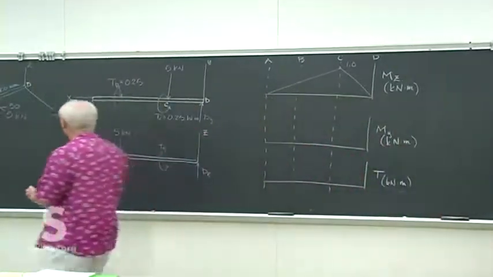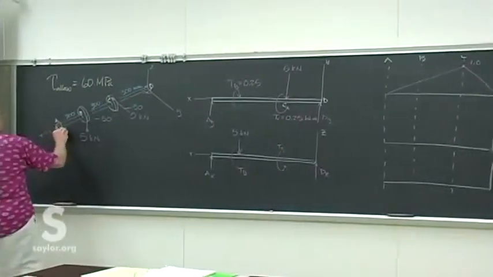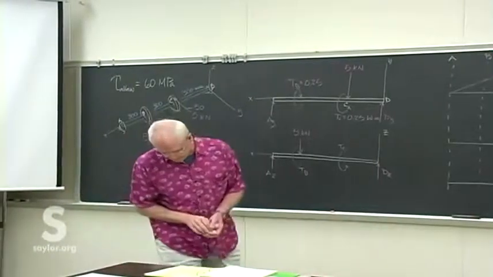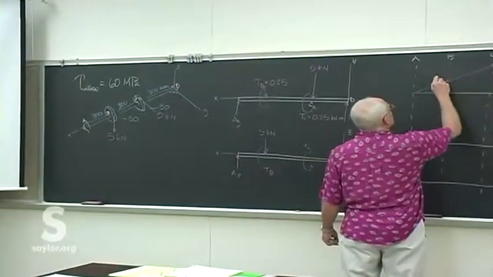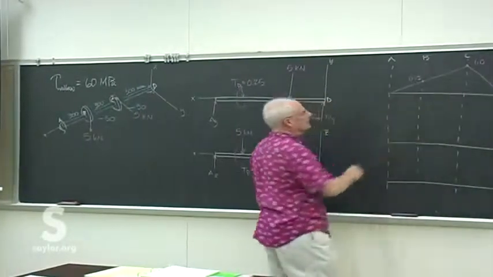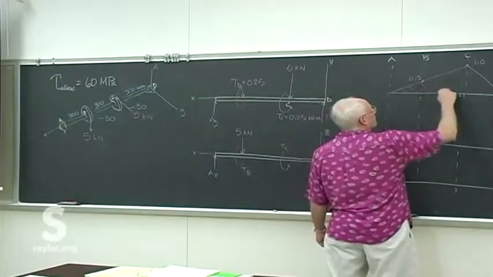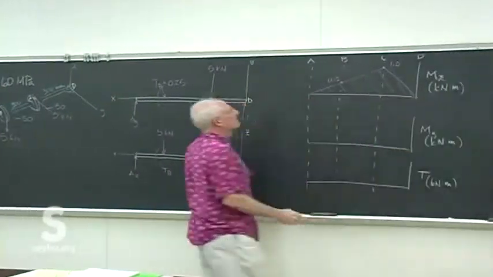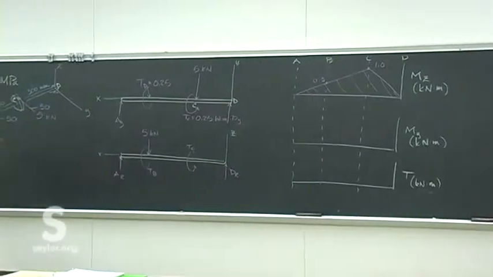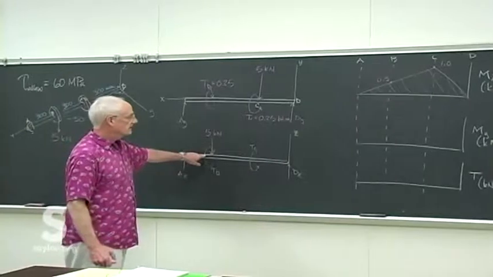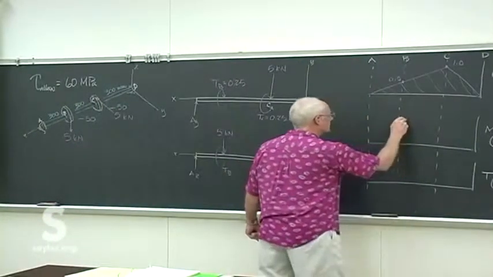I didn't even draw the bearings yet. And so just by symmetry, that puts this at 0.5. That's kilonewton meters. Is that what you got? And then actually just the opposite for the other one, because we have a fairly symmetric picture.